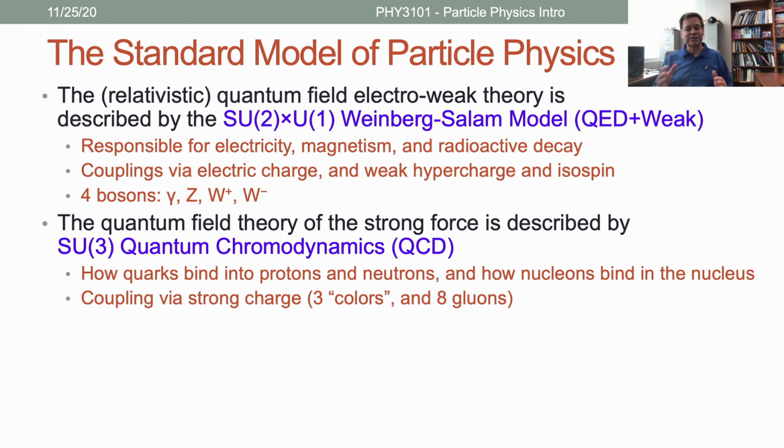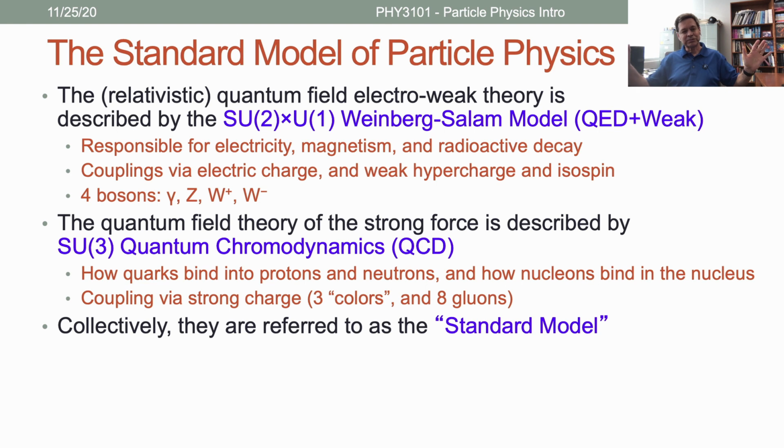So you would have anti-green, anti-red, anti-blue, or cyan, magenta, yellow if we're going to do some color theory. And instead of one photon that comprises this force when it's been quantized, if you like, there are 8 bosons known as 8 gluons. And collectively, these two theories, the Weinberg-Salam electroweak theory and the quantum chromodynamics theory, they comprise what I've been referring to as the standard model.